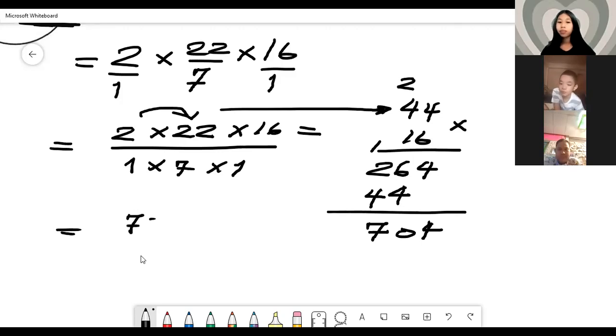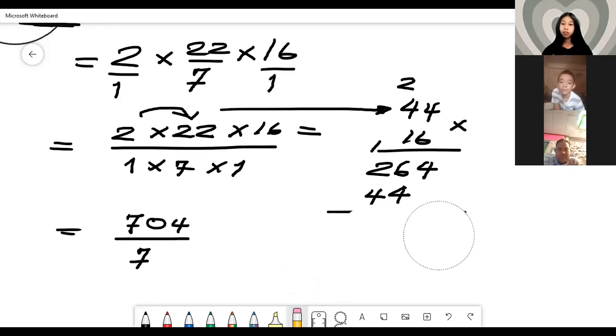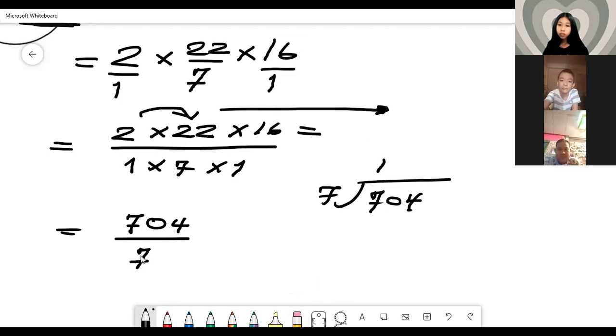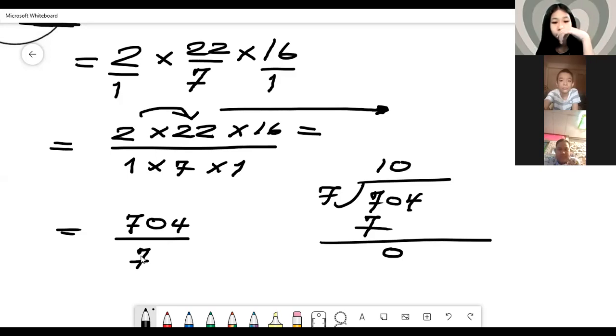Therefore, 704 over 7. Are we done? Not yet. Because we will divide 704 by 7. So 704 divided by 7 is 1, 7, bring down 0. 0 divided by 7 is 0. 0 times 7 is 0.